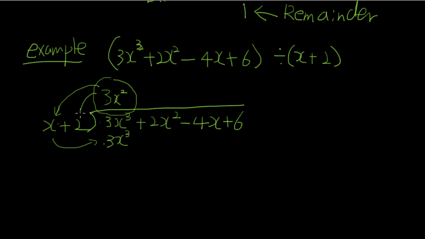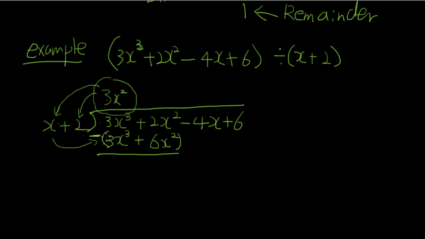That's what we wanted. We want this and this to be the same. And that term is also going to be multiplied to 2 and put right here. So 3x squared times 2, which is 6x squared. Alright, then I'm going to put the parentheses, and we're going to subtract this from this.